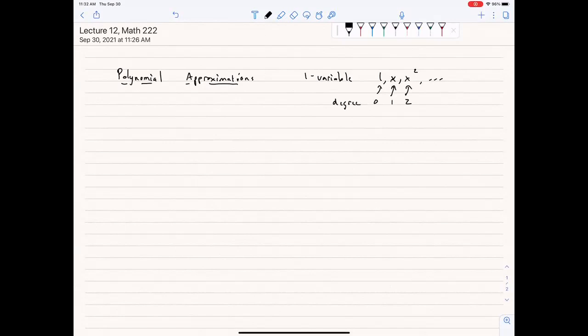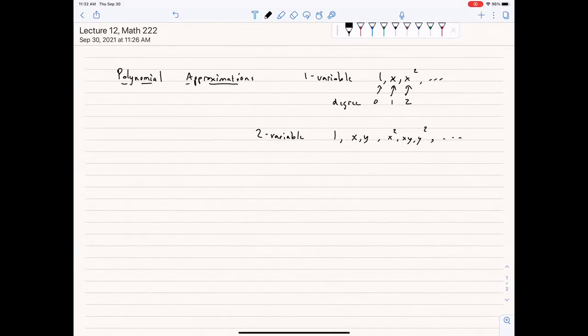In two variables, things get a little bit more dicey, and with more variables. But we saw last time a little bit of how we could assign a degree to a monomial with more than one variable. So here we had 1, let's say x and y are our variables. And we could talk about x squared, xy, y squared, and on and on.